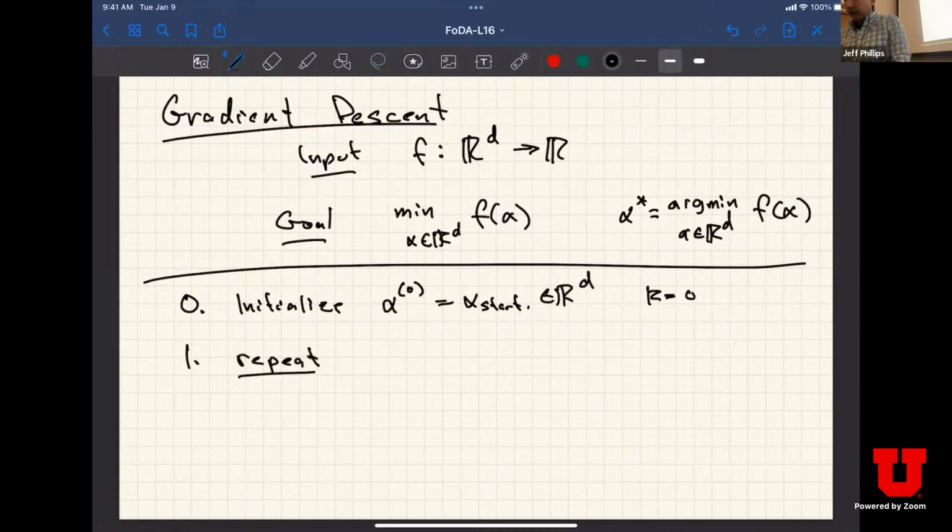Then the algorithm is going to be a simple loop. We repeat the following procedure.